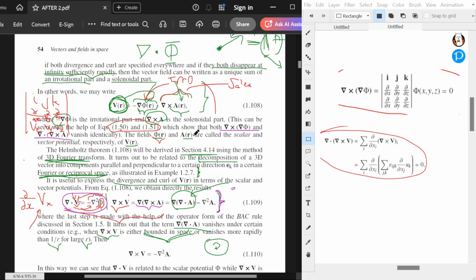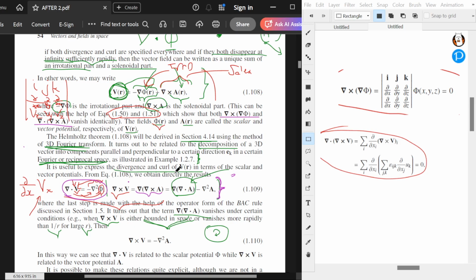The fields this and this are called the scalar and vector potential, respectively, of V of R. The Helmholtz theorem, blah blah. It turns out a 3D vector can be rewritten as a parallel and perpendicular part relative to a certain direction. It's useful to express the divergence and curl of this in terms of the scalar and vector potentials.